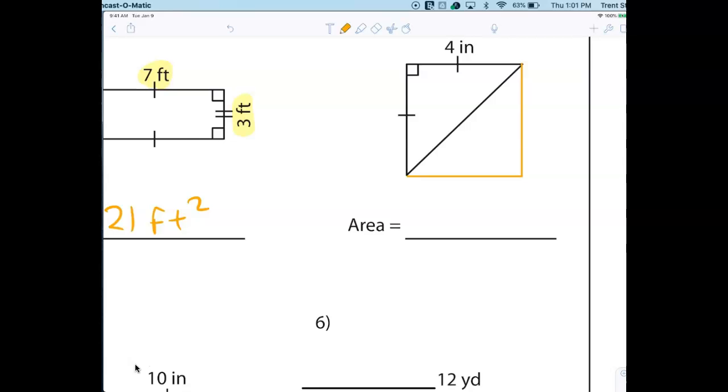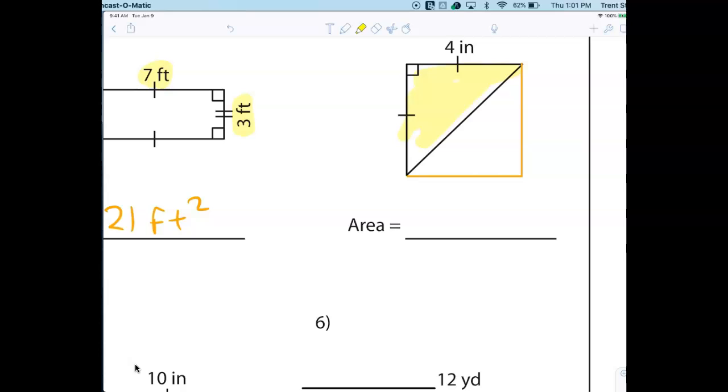And so the area is what? I'm trying to show you how I would know what this is if you forgot the formula. You have to divide it by 2. So what I'm trying to tell you is that a triangle is always half of a rectangle. Is everybody hearing me?